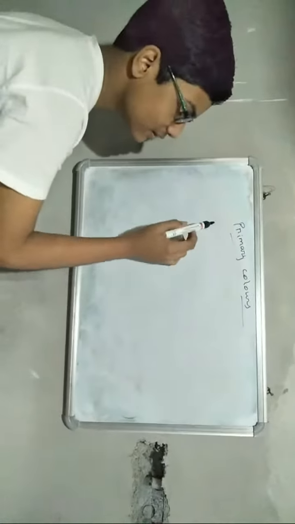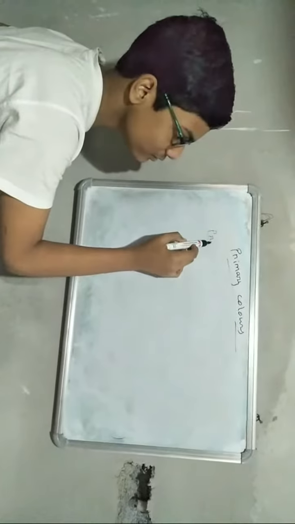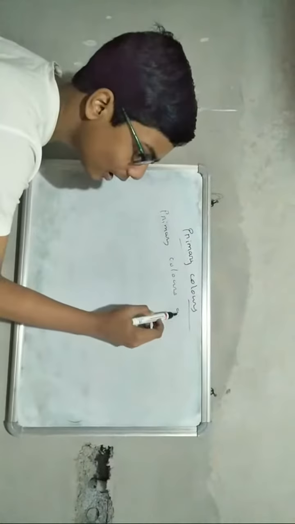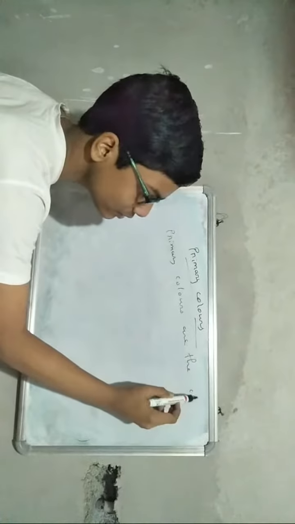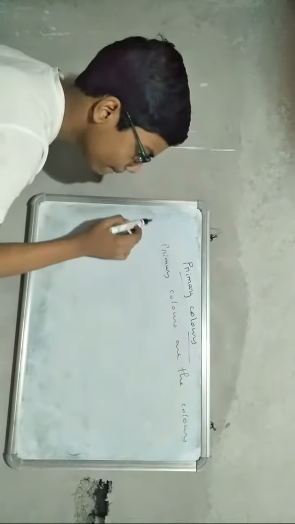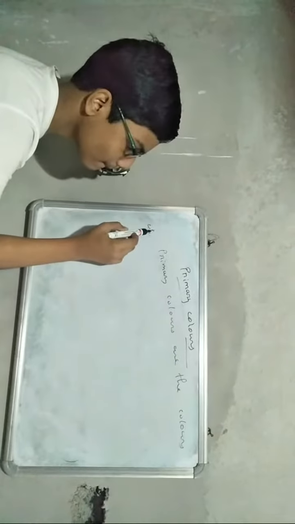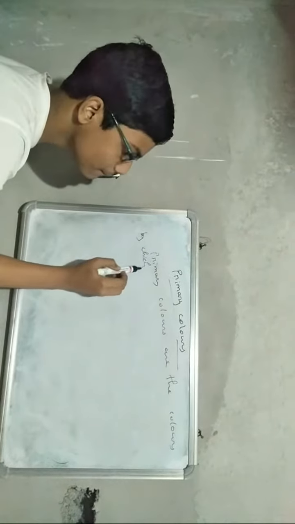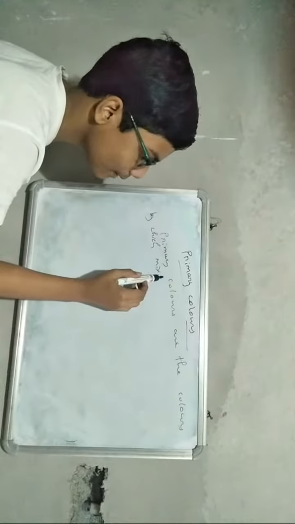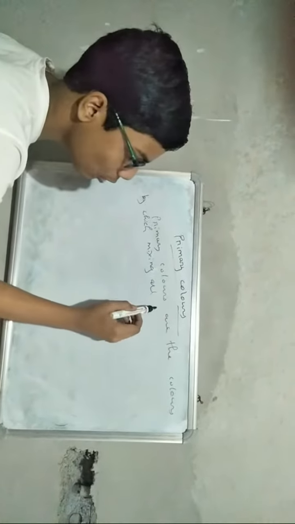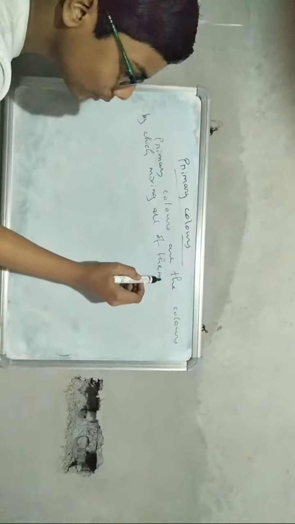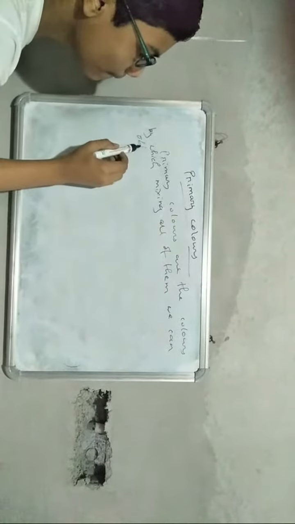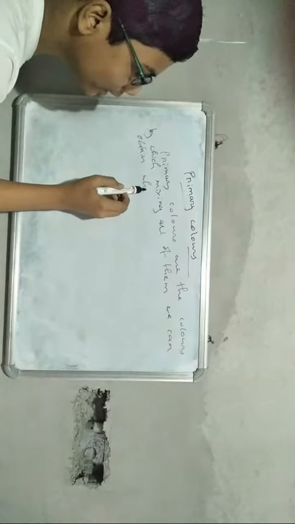So the definition is: primary colors are the colors by mixing all of them we can obtain white color.